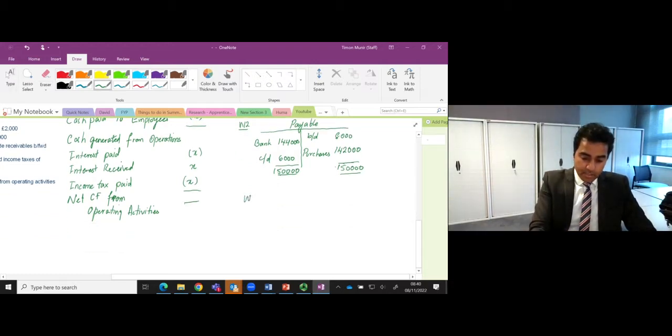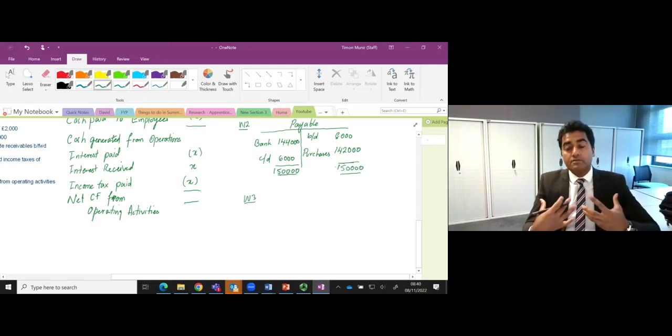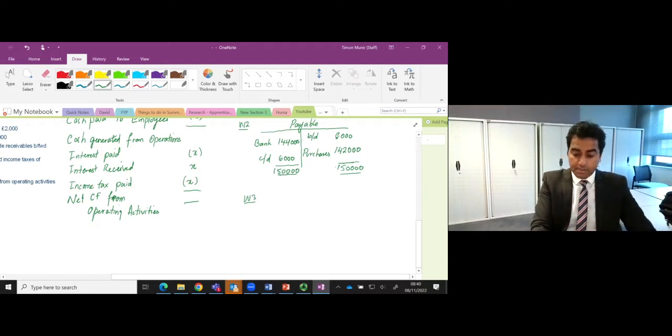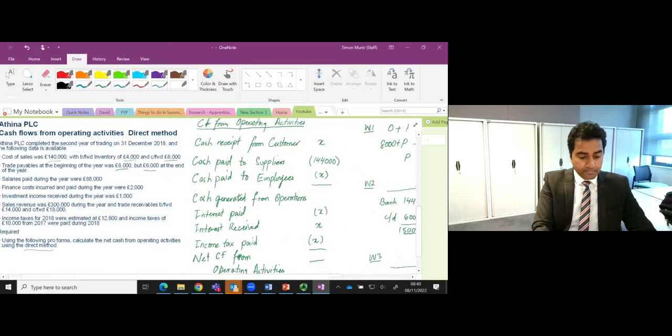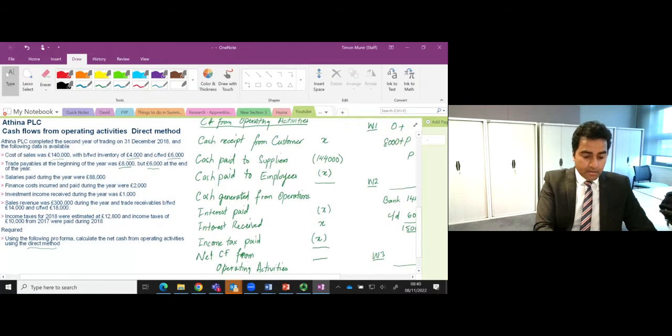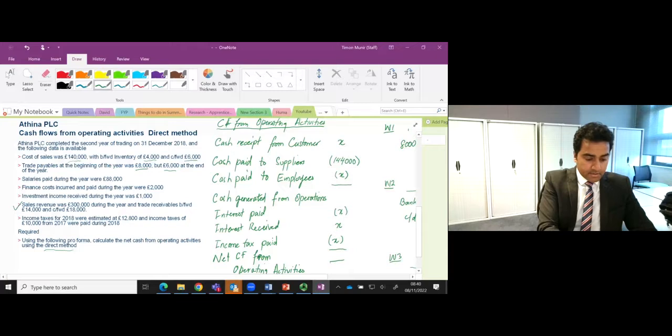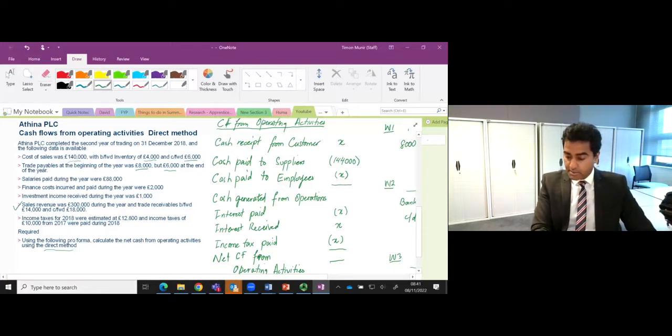Next is working number 3, where I will be looking for how much I have received from my receivables. Receivables are your customers. Now reading the information over here, in the second last bullet point, sales revenue is 300.